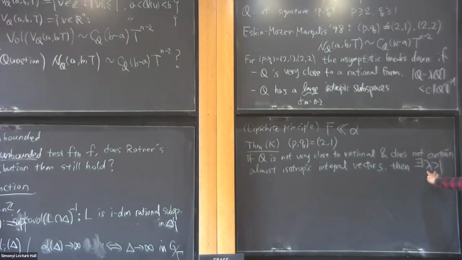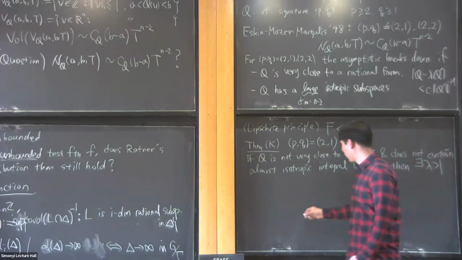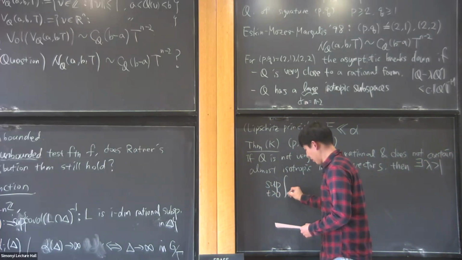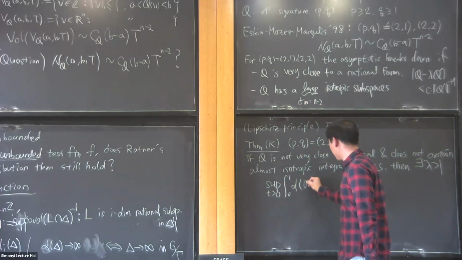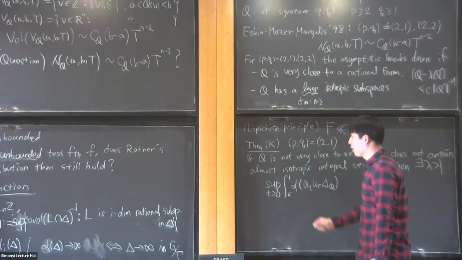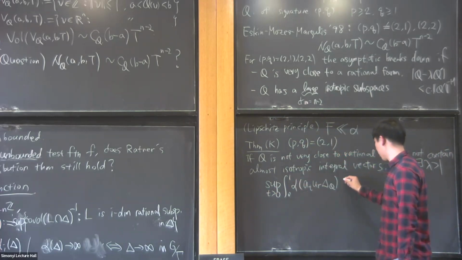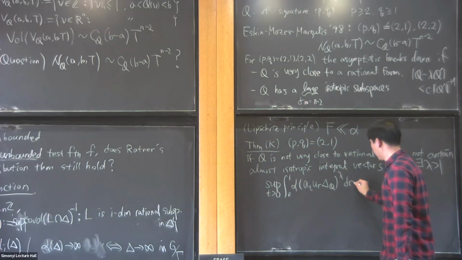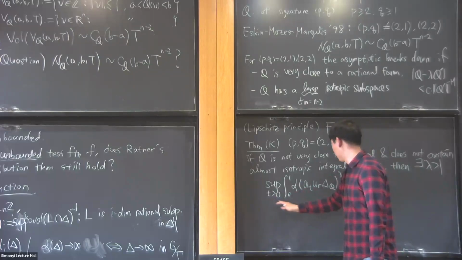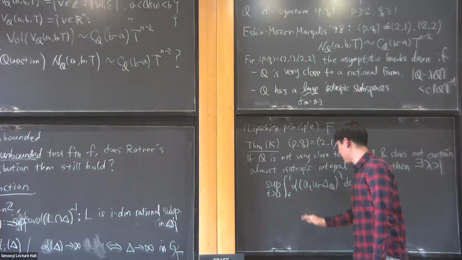Then there exists an exponent lambda bigger than 1 such that the moment of the alpha function integrated over the same orbit a_t u_r delta_Q is uniformly bounded regardless of the shift a_t.